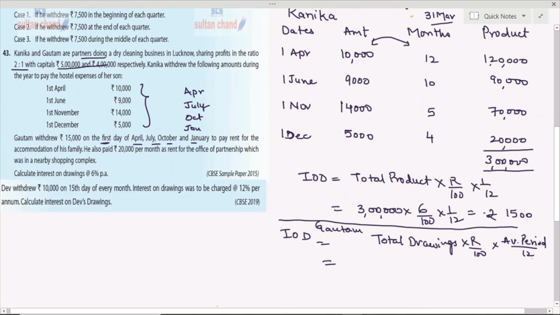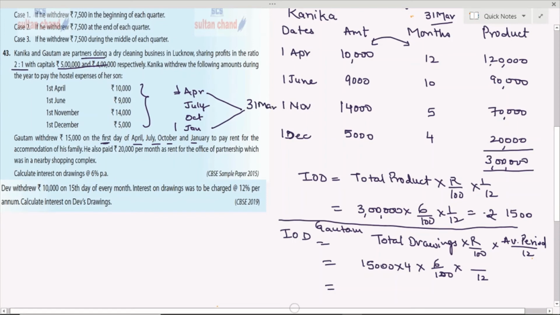Total drawings will be, he has withdrawn 15,000 four times. Rate of interest is 6 by 100 and average period. Now for the average period, again the same thing. We've seen in our first question also that it was 7.5, because what we are going to do is take 1st of April and 1st of Jan, and these two dates will be compared with 31st of March.